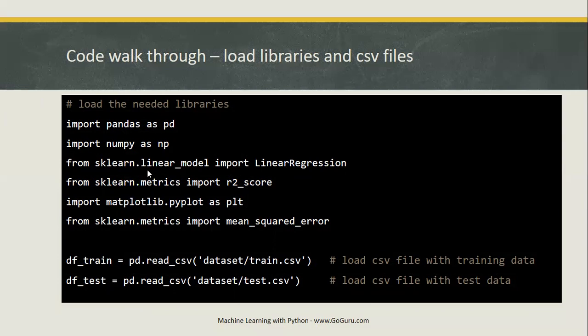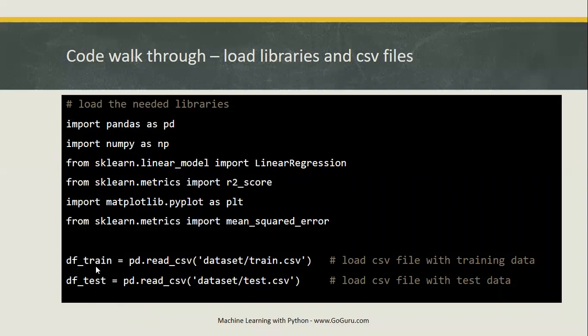And this library is for bringing in the linear regression model. And the R square and the mean square are for calculating the metrics, and PyPlot is for plotting our results on a graph. Okay, so the first few lines are the libraries that we are loading.